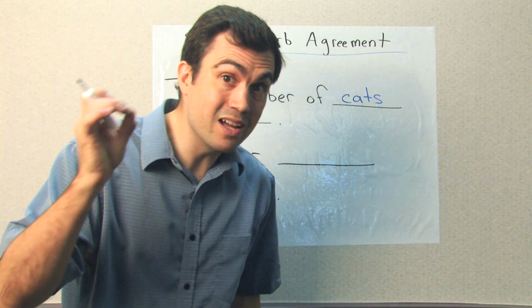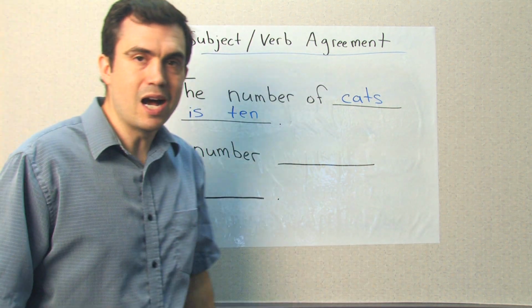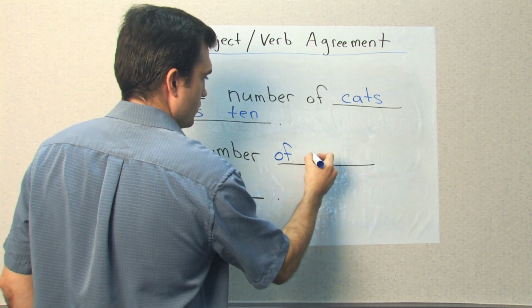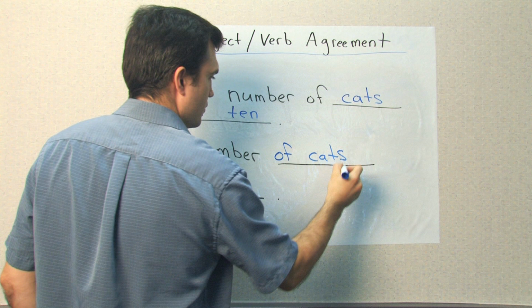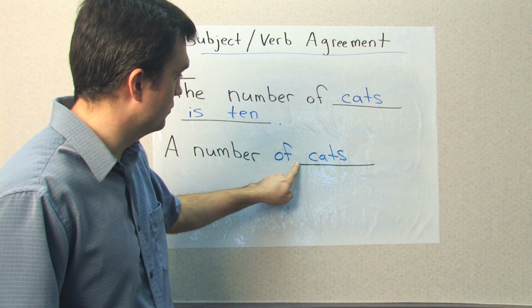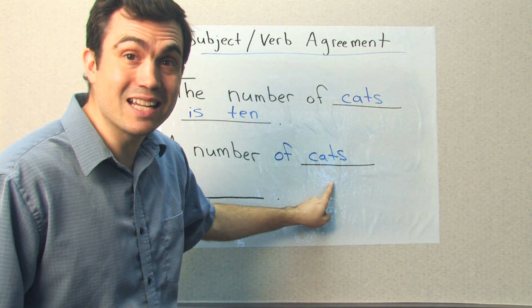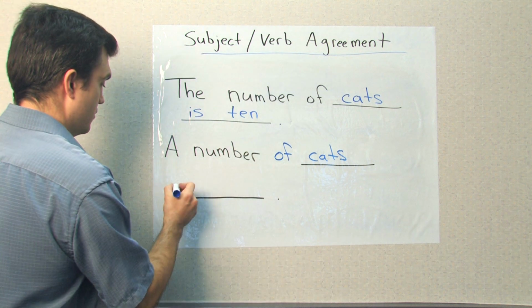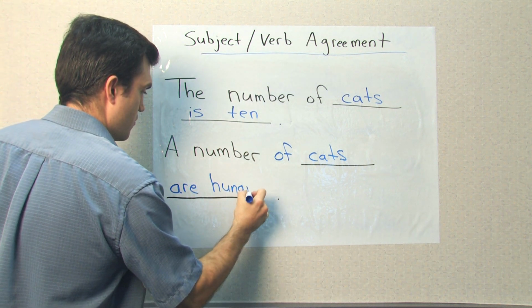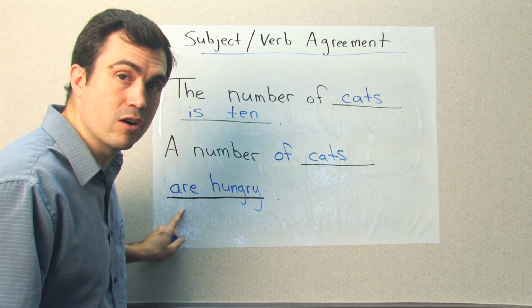What about a number? A number. Sorry, we need the of. A number of cats are hungry.